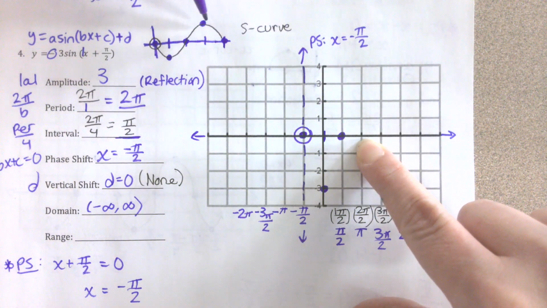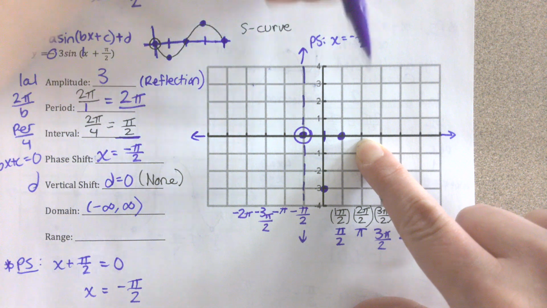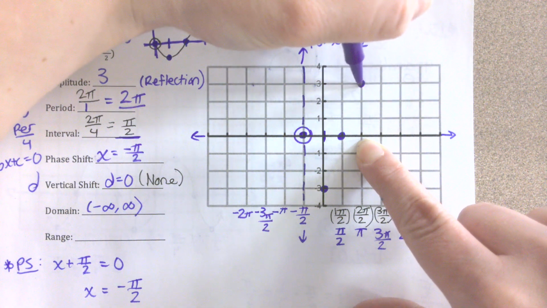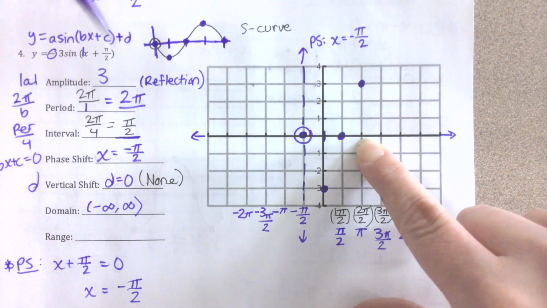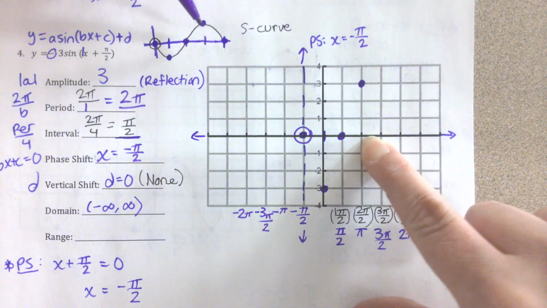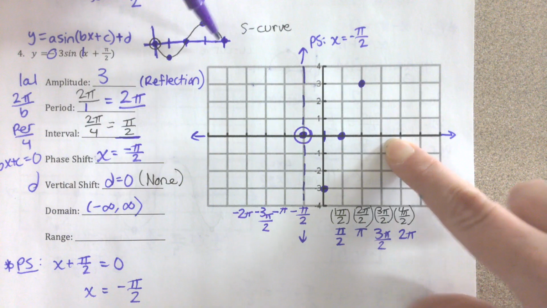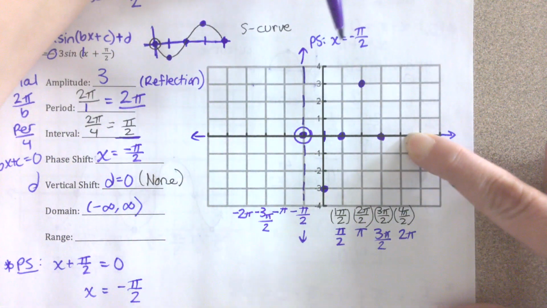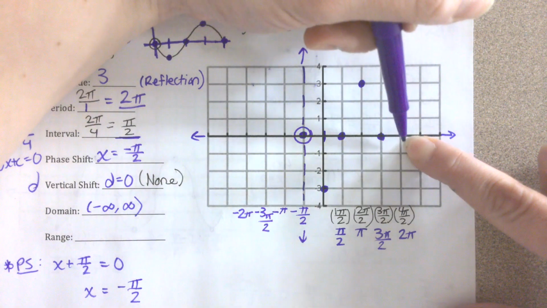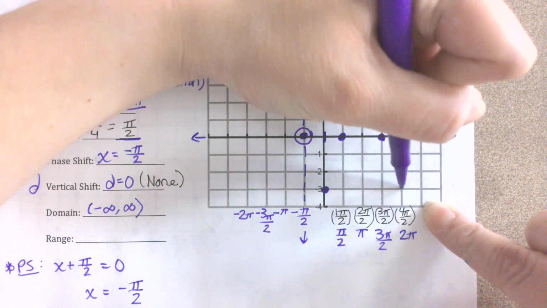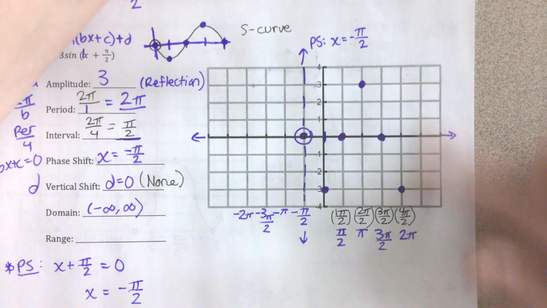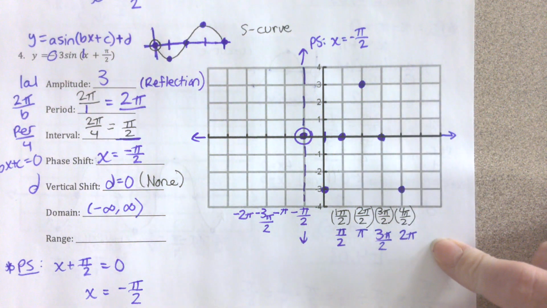Next interval, we go up to the maximum. Amplitude is 3, so we go up 3, up to +3. And then next interval, we're back down to the midline. And then next interval, we're back down to the minimum.